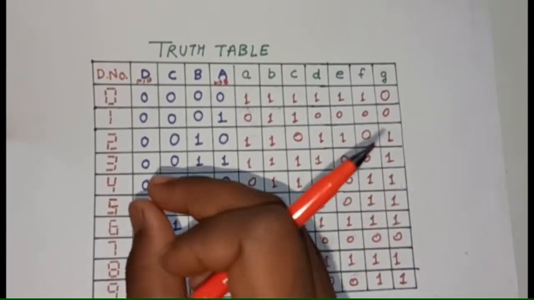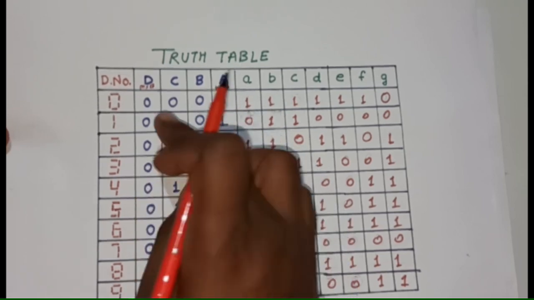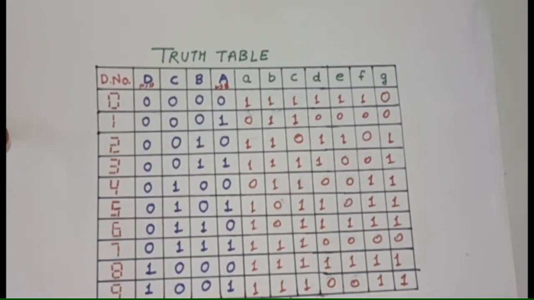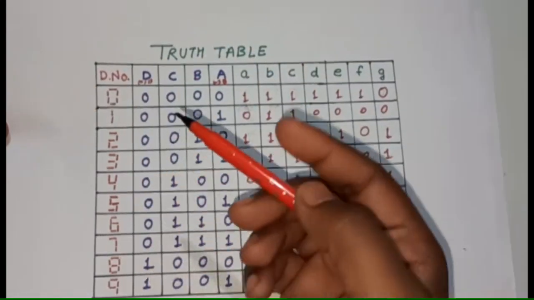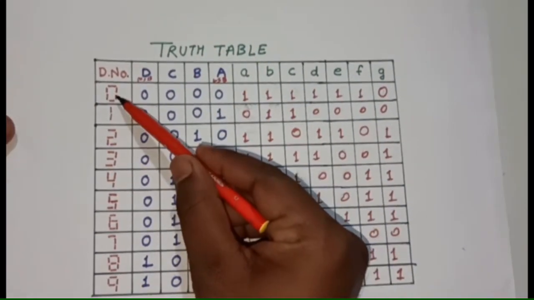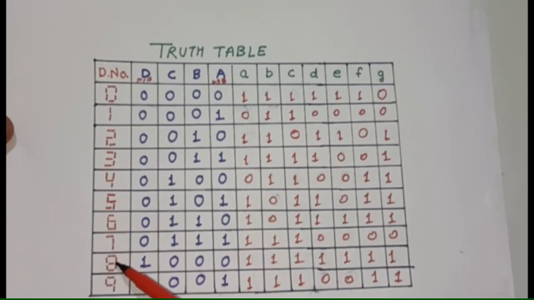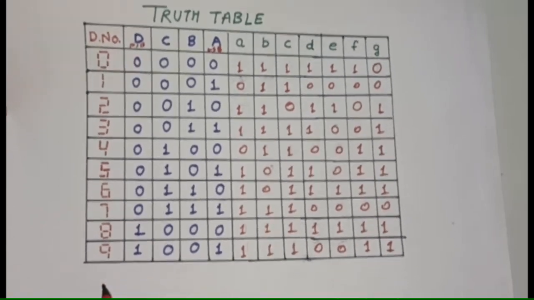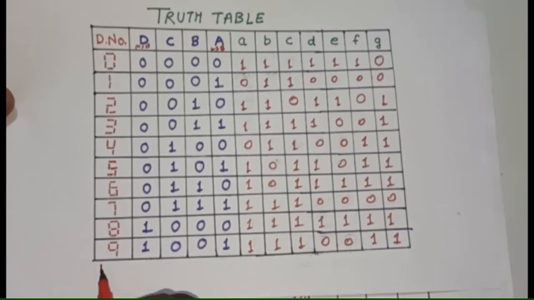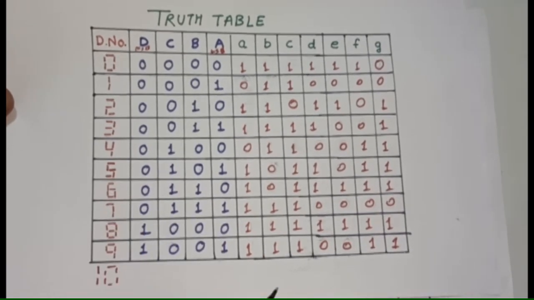But as we have 4 different variables, we will be getting 16 different combinations. What we require is that a single 7 segment display represents the digits 0, 1, 2, 3, 4, 5, 6, 7, 8 and 9. Hereafter the 10th number will require another 7 segment display, so it will not come under one 7 segment display.